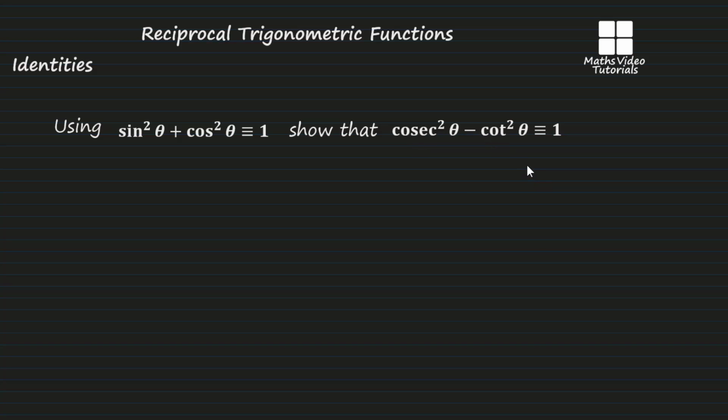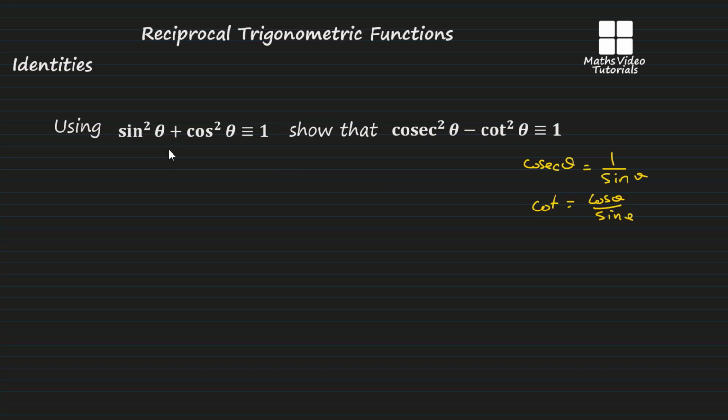All right, just to remind ourselves, cosec theta is 1 over sine theta. And for the cot, cos theta over sine theta. Because I have cot and I have cosec, they both have a denominator sine theta.